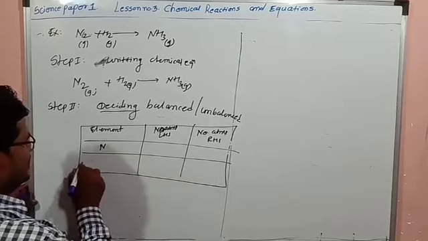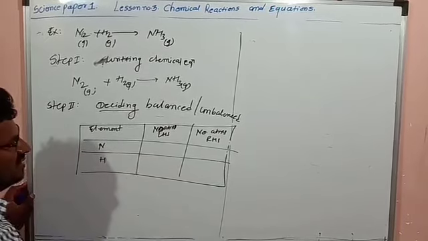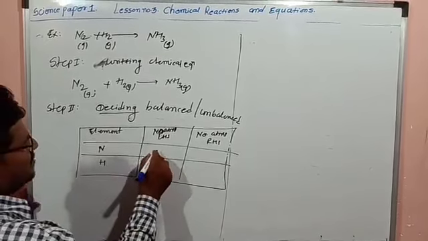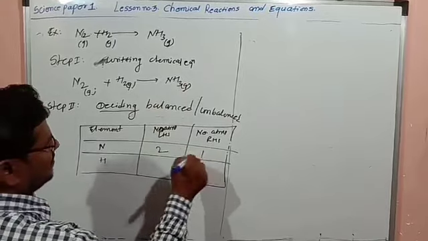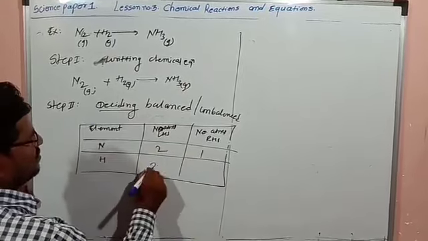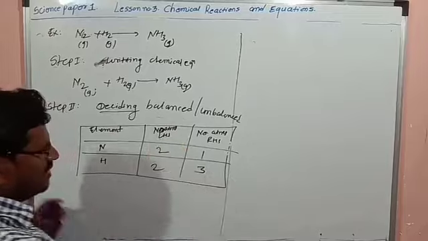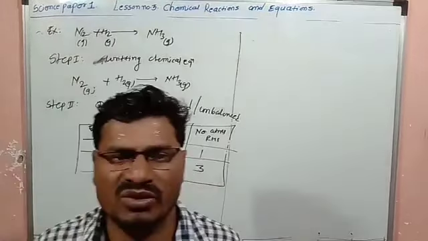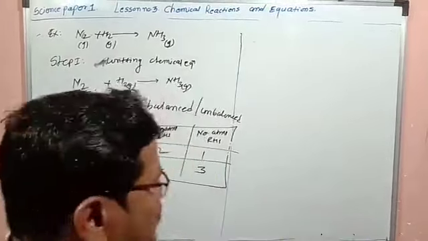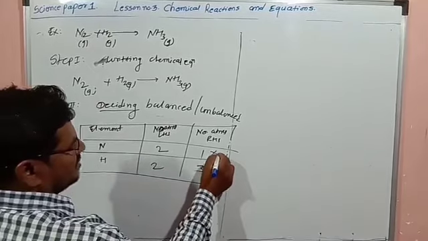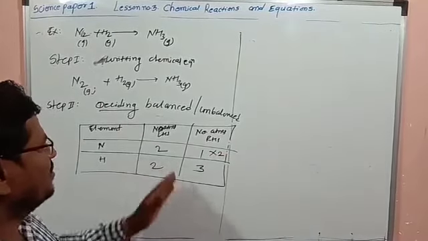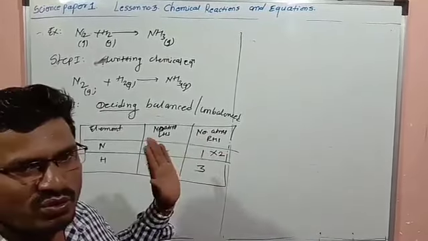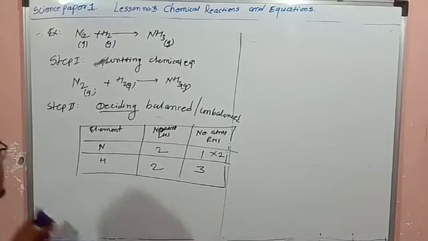Nitrogen is there, and another element is hydrogen. Nitrogen here 2, this side 1, hydrogen here 2, this side 3. This chemical equation is very easy to balance. You just have to multiply the nitrogen of RHS by 2.